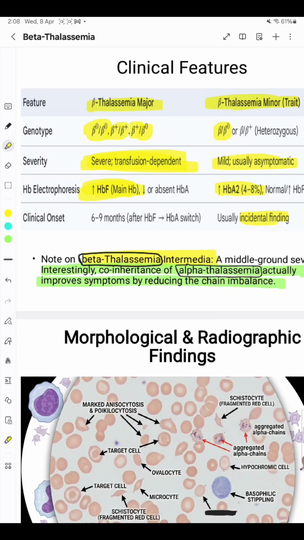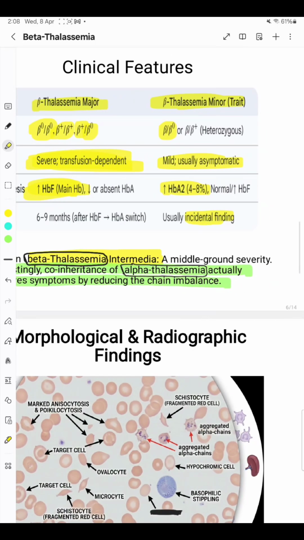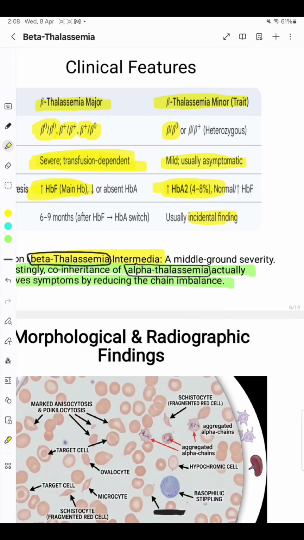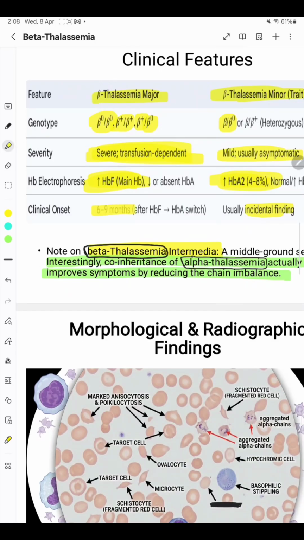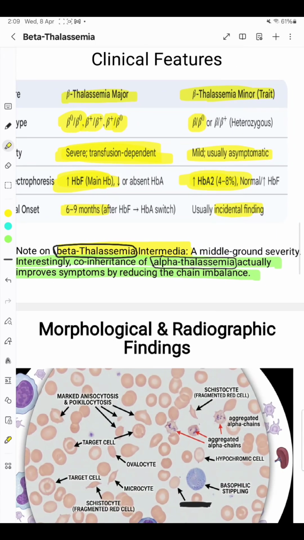The primary hemoglobin is HbF in beta thalassemia major, but in beta thalassemia minor, HbA2 is seen in the range of 4 to 8% with normal or slightly increased HbF. Clinical onset of symptoms is after 6 to 9 months in beta thalassemia major, and as we have already said, beta thalassemia minor or trait is an incidental finding, mostly asymptomatic.